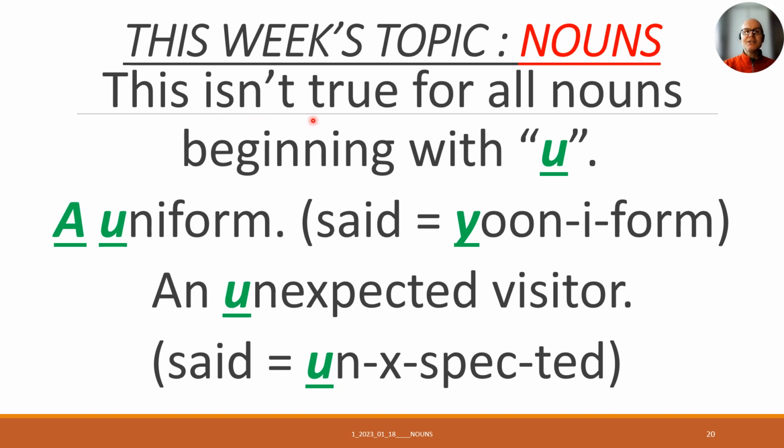However, this isn't true for all nouns beginning with U, because uniform would be a uniform, even though it's said like uniform. An unexpected visitor. When you say unexpected, the U in unexpected, you are saying like a vowel.